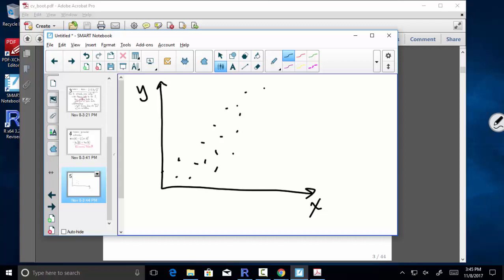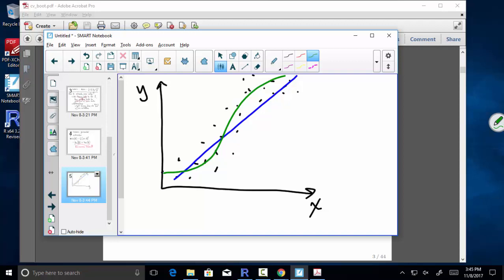And that's our scatter plot. We're going to consider two possible models for relating y to x. One is a linear model, and the other is, let's say, a natural cubic spline. So it's a curve, a curvy model. Both of those curves were fit to these training data.